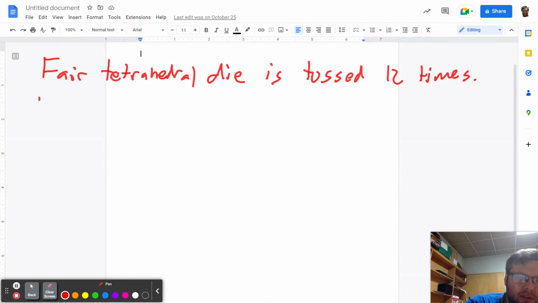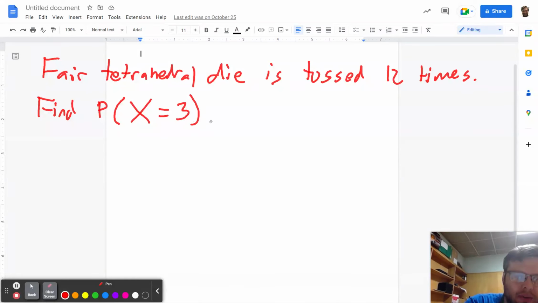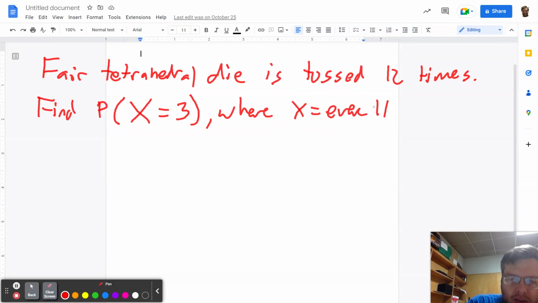Let's look at the probability that you get an even number exactly 3 times. So let's find the probability that x is exactly equal to 3, where x means an even number.